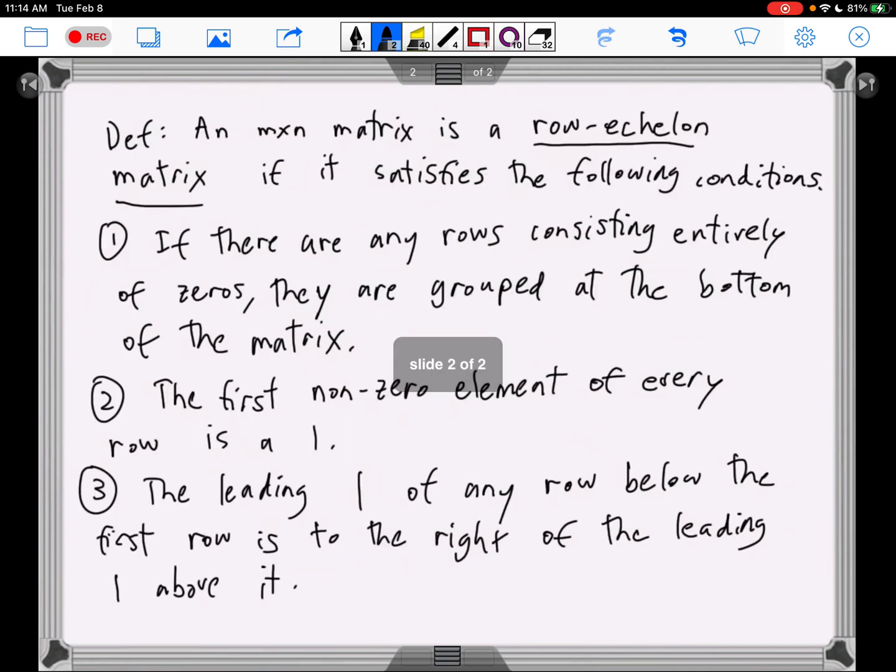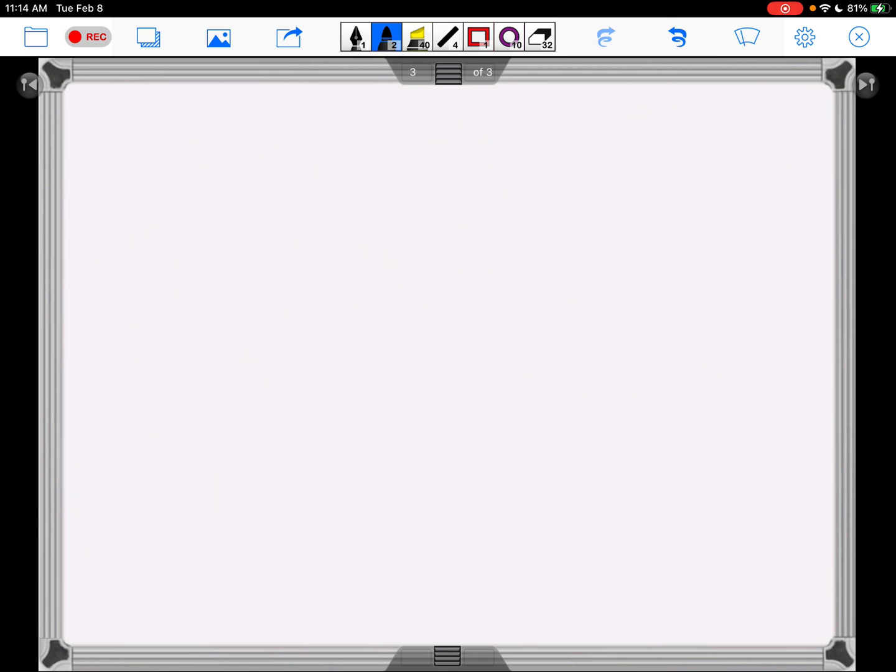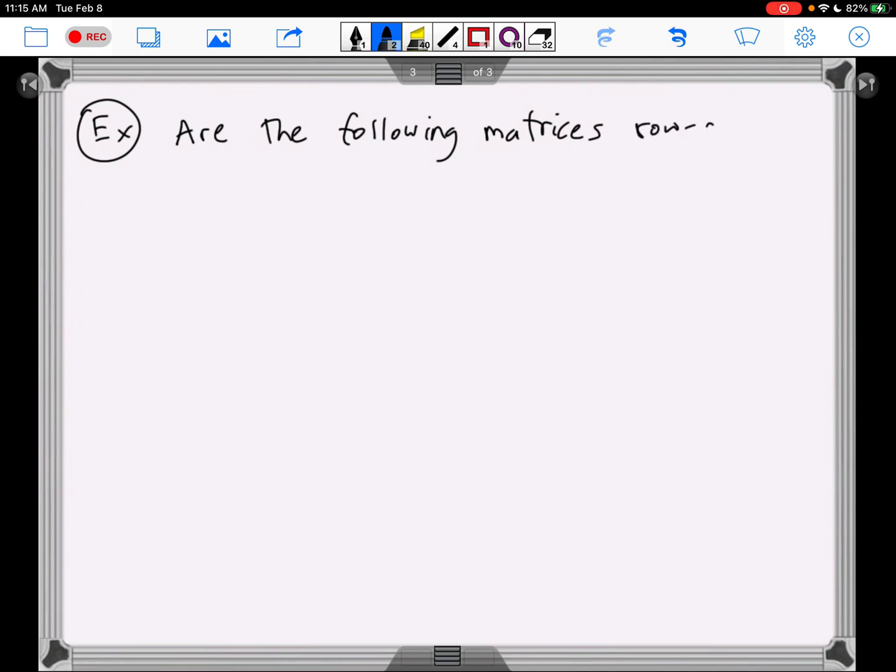So as an example, I would like for us to practice identifying if matrices are row echelon. We need to be able to do that. So, are the following matrices row echelon?